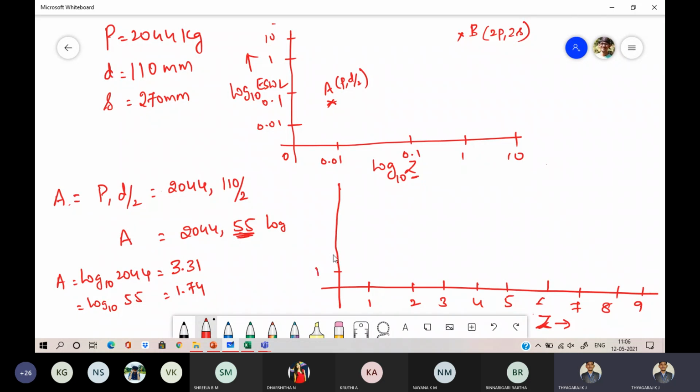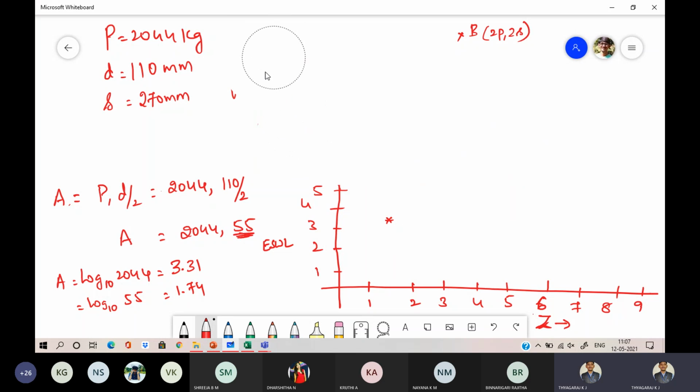And this will be 1, 2, 3, 4, 5, that is ESWL. Now for z is equal to 1.74, mark 3.31 here. Are you getting it? Yes, sir.